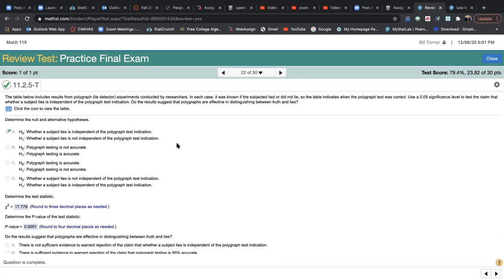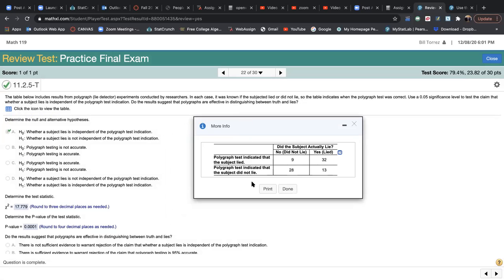All right. The next problem states the following: the table below. Let's look at the table. Here's our table. And the table shows you a contingency table here. And we're going to do a test of independence between the two column labels and the row labels here.